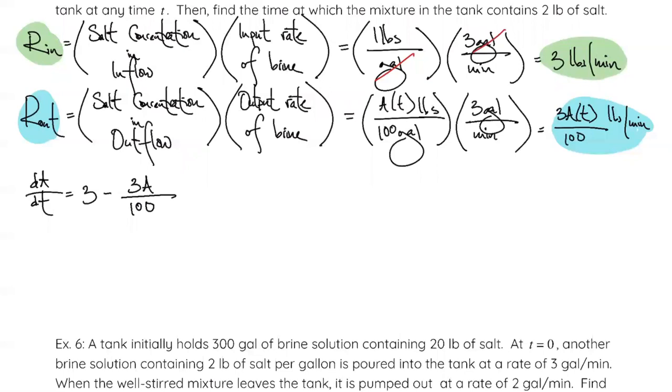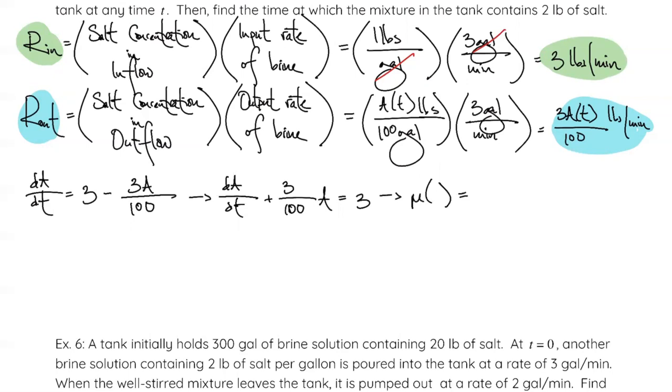But if we manipulate this a little bit, by adding the 3A over 100 to both sides, we end up with something like this. And this, I hope we recognize as something where we need an integrating factor. Okay, this is a linear differential equation. So we're going to go ahead and find our mu.